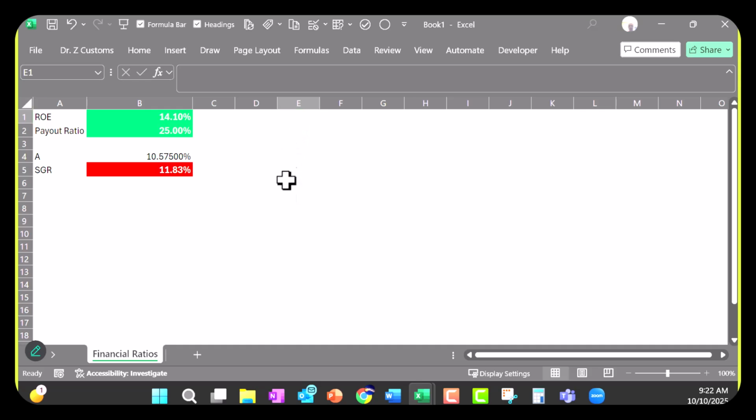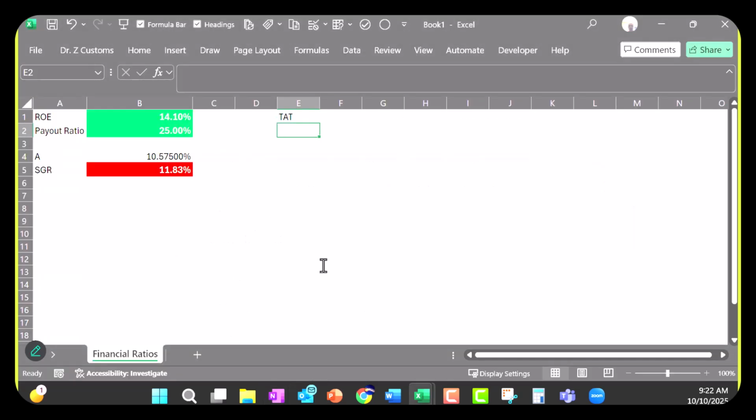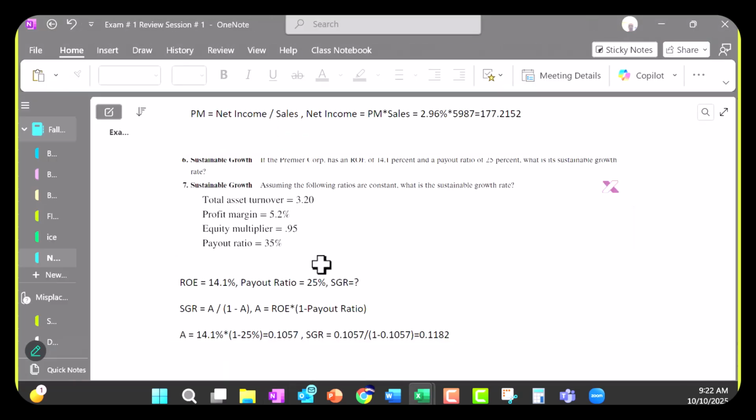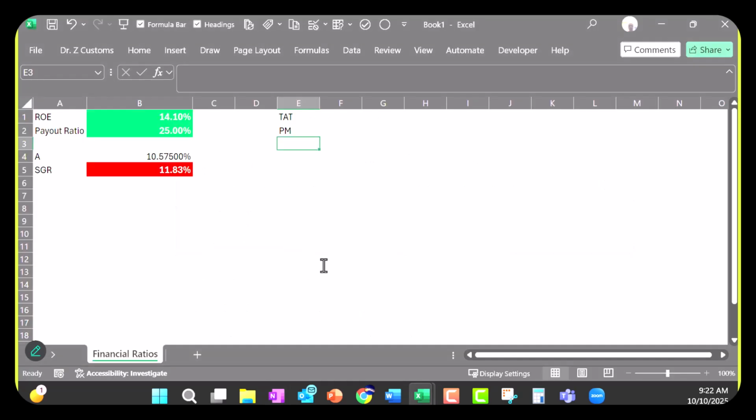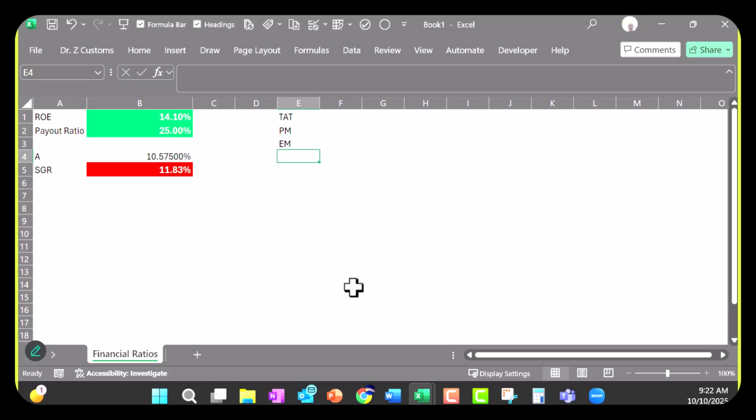I have total asset turnover, profit margin, equity multiplier, and payout ratio. These are my inputs.